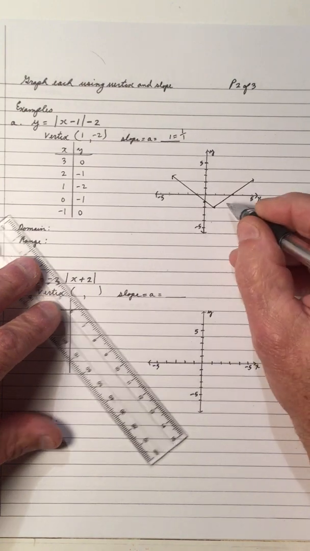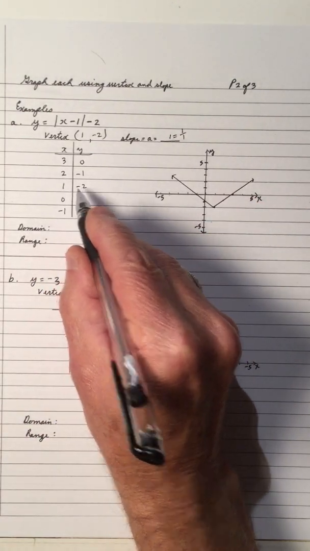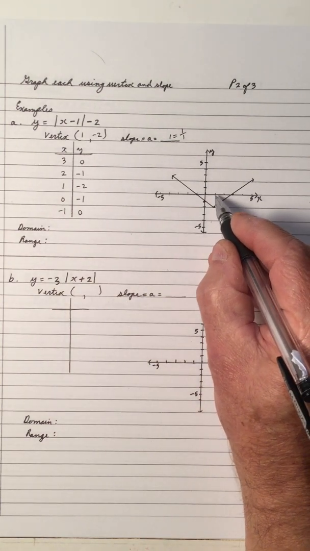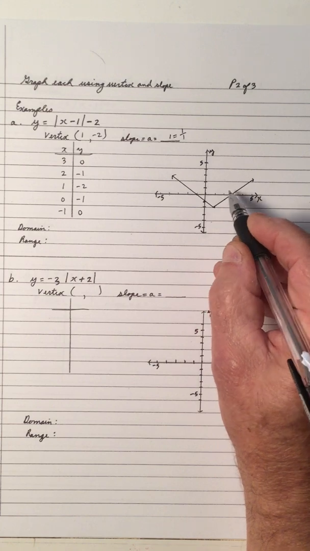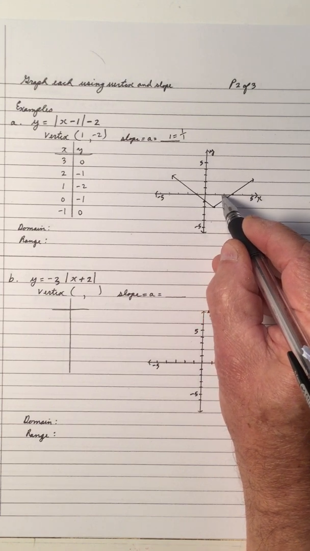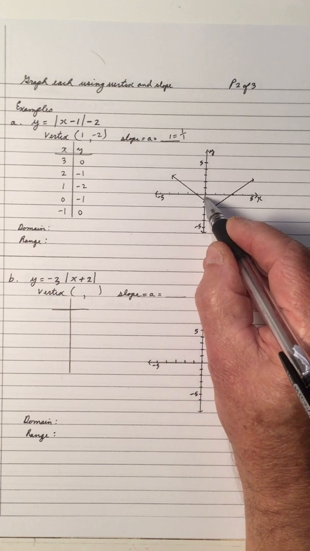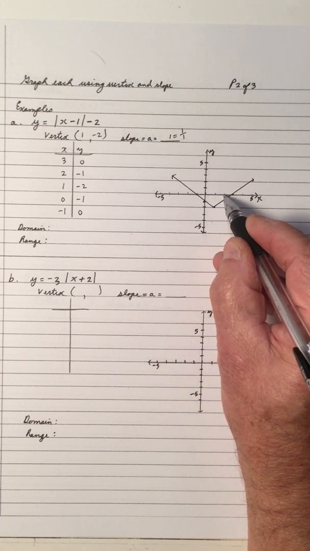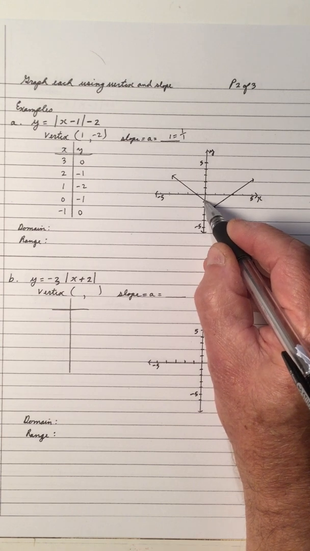So notice that by putting the vertex in the middle, if x is 1, then you pick two numbers to the right and two numbers to the left. As you move 1 unit to the right, you get the same y value as when you move 1 unit to the left.